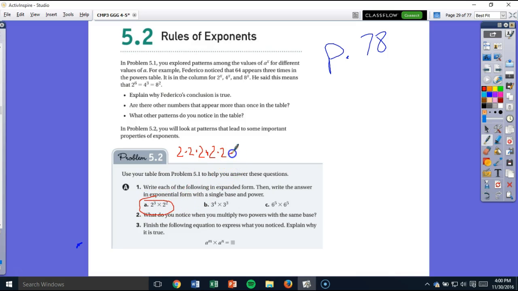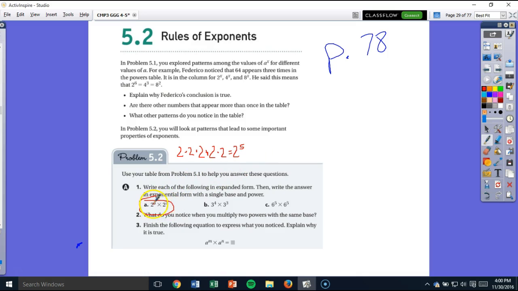So what do we really have here? Well, now we have 1, 2, 3, 4, 5 twos. So we can write it in exponential form as 2 to the 5th. What we did here is, because we had the same base of 2 for each of these, our first rule is that if we have the same base and we're multiplying the two numbers together, we can take the exponent for each one and just add them together.